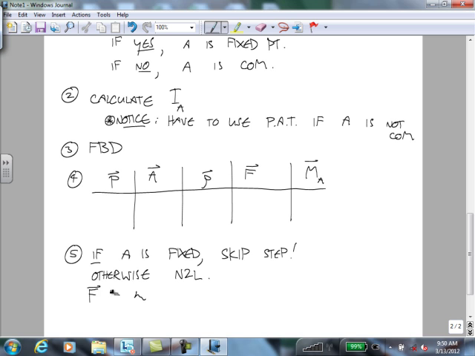So F is equal to ma, and a is the acceleration of the center of mass. And the left side comes from the table, the fourth column of the table.